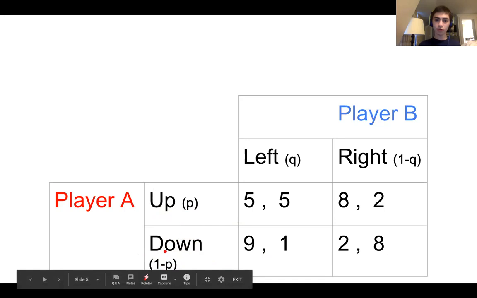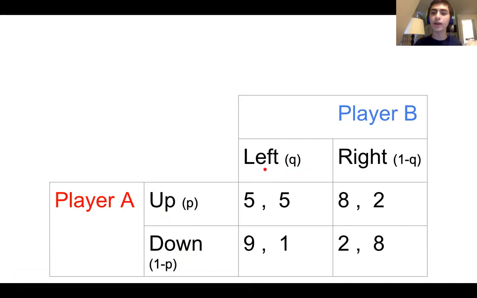If you're having trouble, just think about them like percents. It's exactly the same with Q. Player B can choose left with Q chance. If Q is 0.3, then left is with 30% chance, and right is just 1 minus Q, or 100 minus Q as a percent.